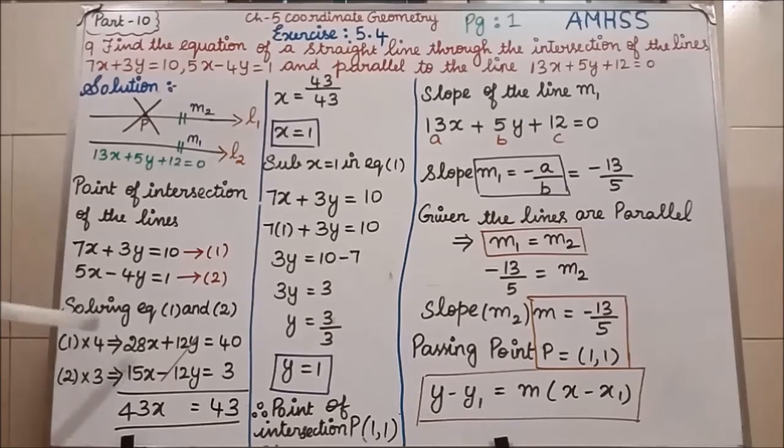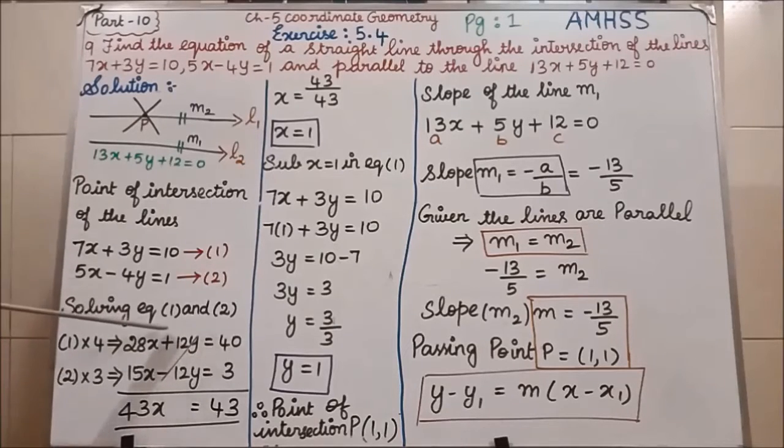Here, see, solving equations 1 and 2. The first equation, I am multiplying with 4 throughout. Fully I have to multiply with 4. So, 7 4s are 28x, 3 4s are 12y, 10 4s are 40. Clear? Then, the second equation I am multiplying fully with 3. 5 3s are 15, 4 3s are 12, 1 3 is 3.